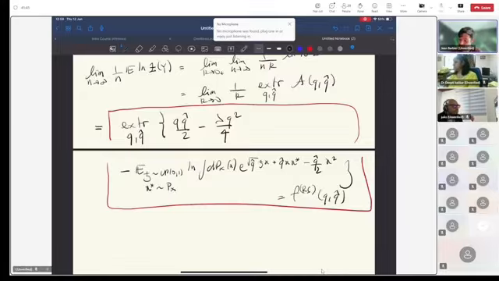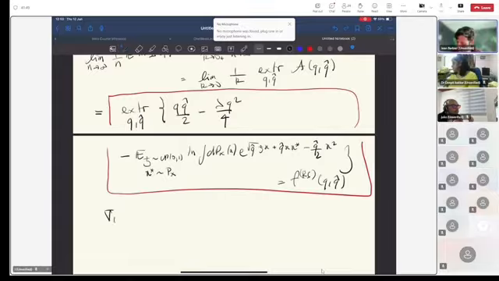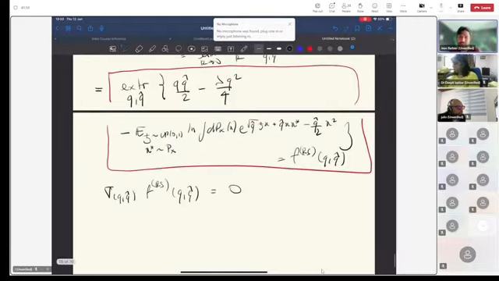Now you need to find the extremum. So you need to write the gradient with respect to q and q hat of f equal to 0. You need to solve these equations. And what it will give you, you can just write the gradient equal to 0. It will give you q hat equal to lambda q.